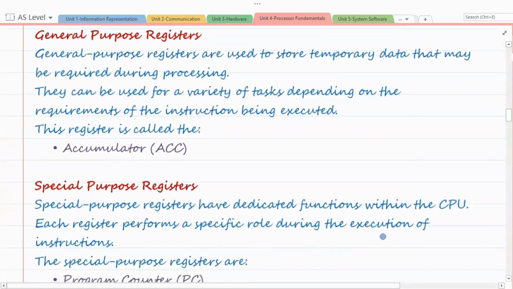So as I said, registers are of two types. First is the general purpose register. General purpose registers are used to store data temporarily that may be required during processing, and they can be used for a variety of tasks depending upon the requirement of the instructions being executed, right? And as per your syllabus requirement, we'll be learning about the accumulator, which is used as a general purpose register.